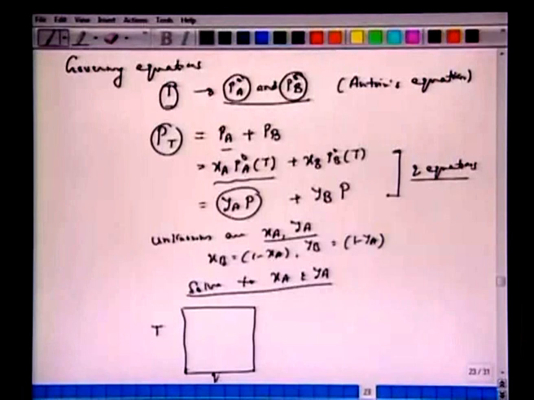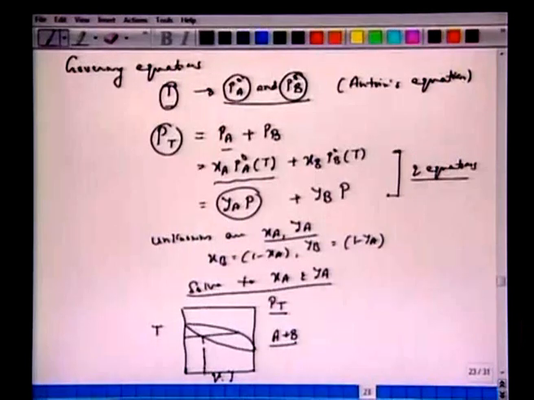So essentially we have this Txy diagram generated for a binary mixture of A and B at a given pressure PT. I choose basically 1 atmosphere, 2 atmosphere, and choose a temperature. I have y and x given from the dew point and the bubble point.